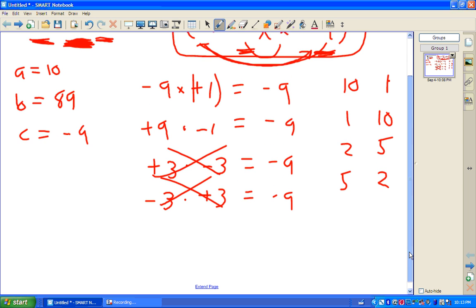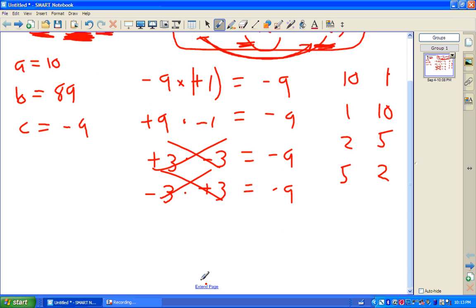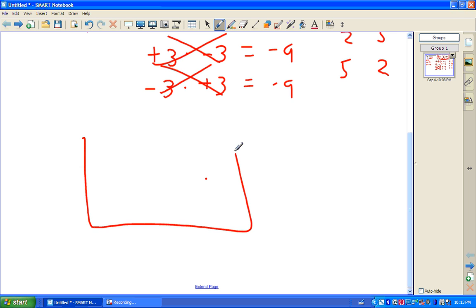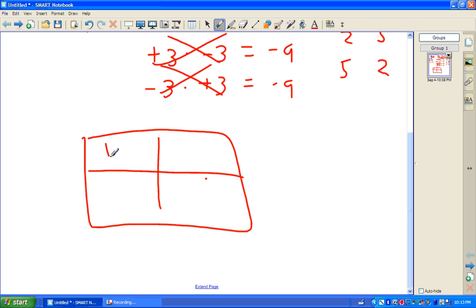If you like this method better, think of it this way. I had to have a 10x squared here. I'm going to get that from a 10x and an x. I chose to put a plus 9 down here to give me a 90x positive. And the only way to get my minus 9 over here is if I have plus 9.